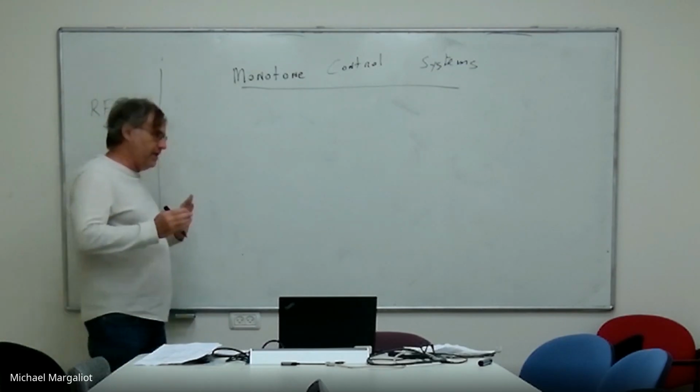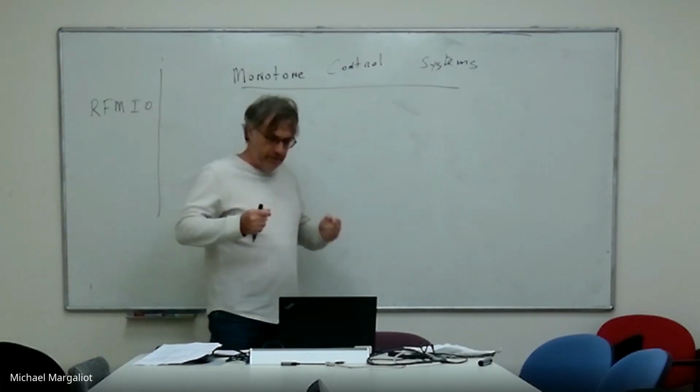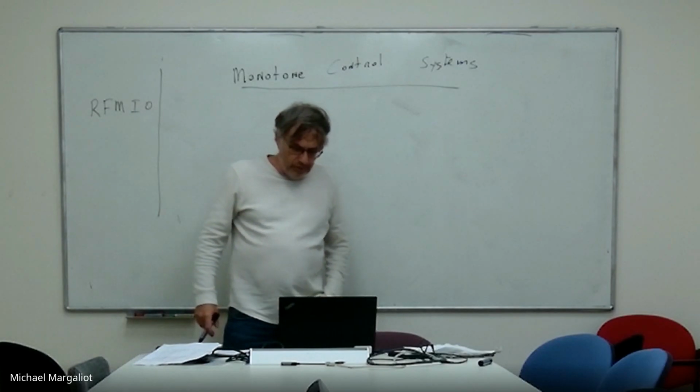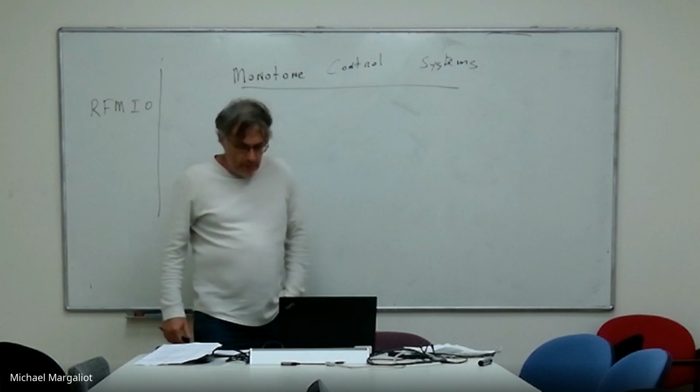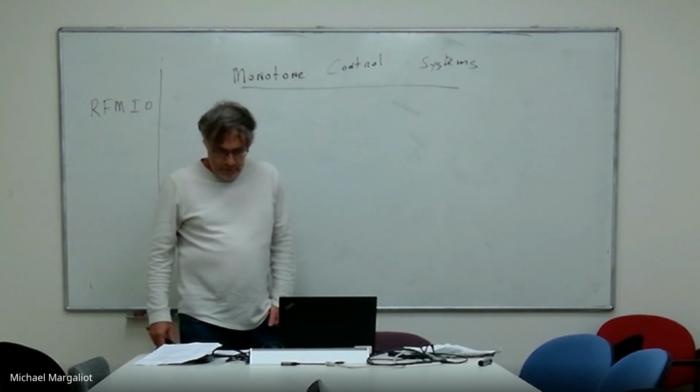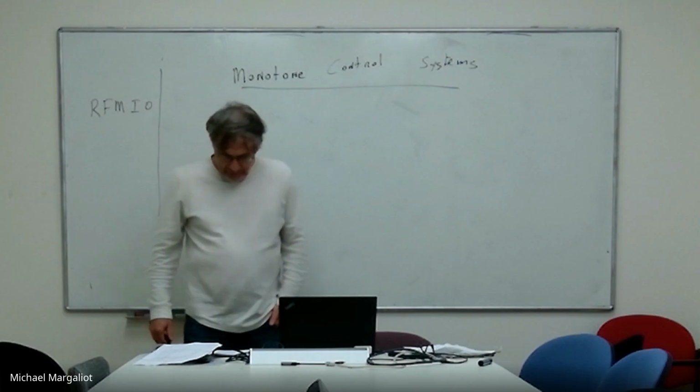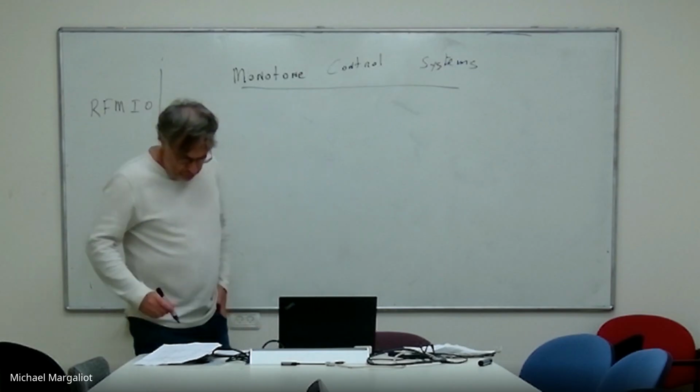And once we do that, we will be able to connect RFMs into networks. Using the RFM I/O, we will be able to connect RFMs into networks. So first of all, we want to talk about monotone control systems.